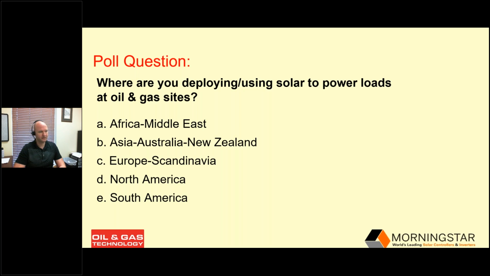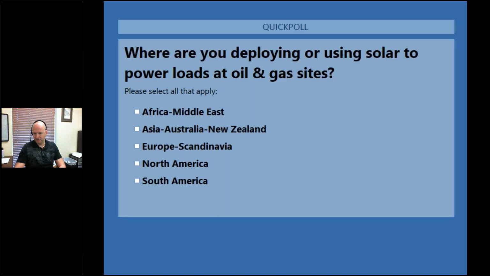So first, let's get going with a poll question, and I will go ahead and launch this in the software here. So you should have the ability to see that poll question right now. So if everyone that's participating would like to click, I think you can give multiple answers. So if you're serving multiple markets, we'd like to know, where are you deploying or using solar power to power loads at your oil and gas sites?